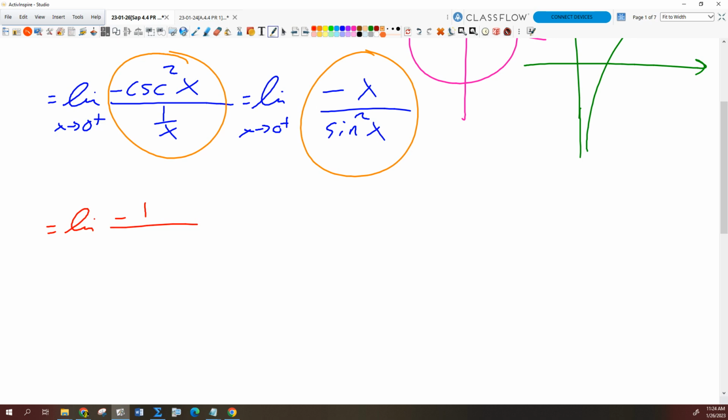What's the derivative of sine squared x? What's that going to be? Everybody agree? 2 sine x cosine x? Give me thumbs on that. You guys, thumbs up if you agree, thumbs down if you disagree. Right.